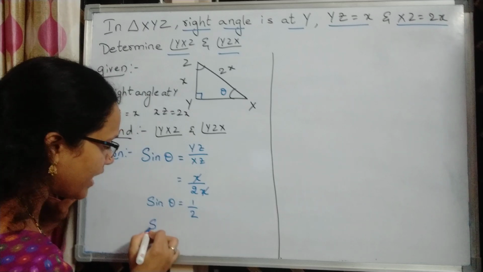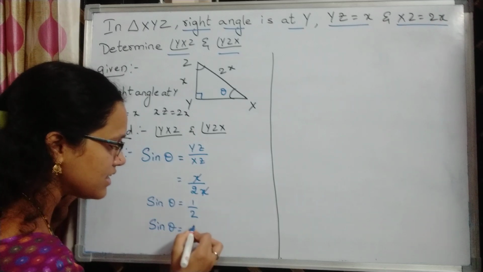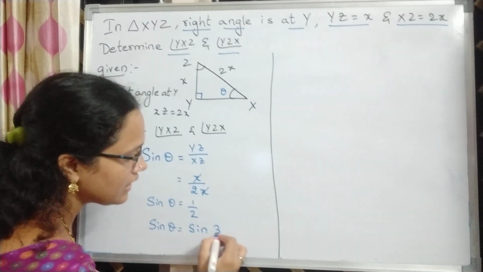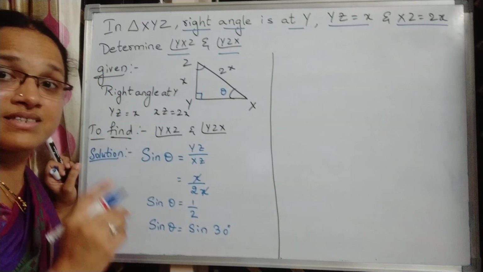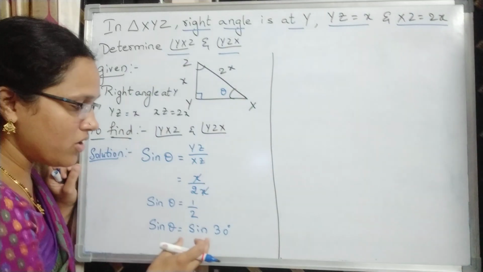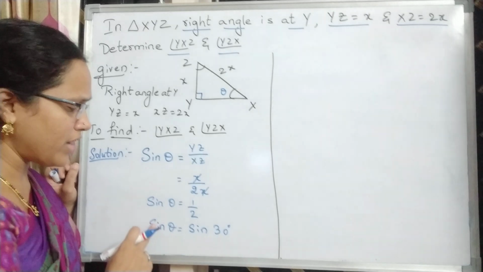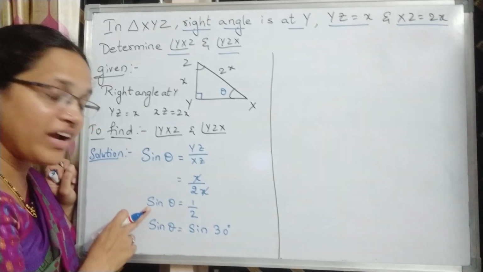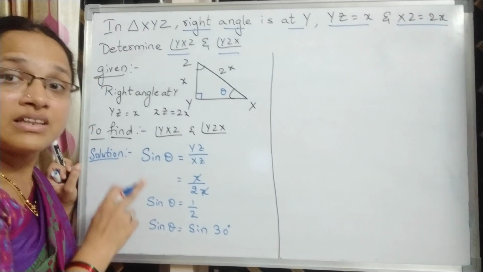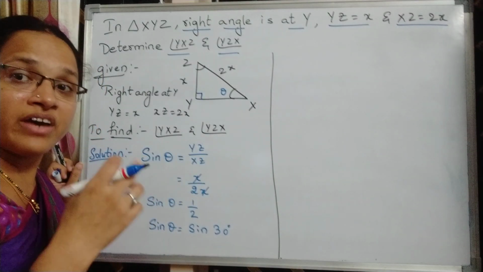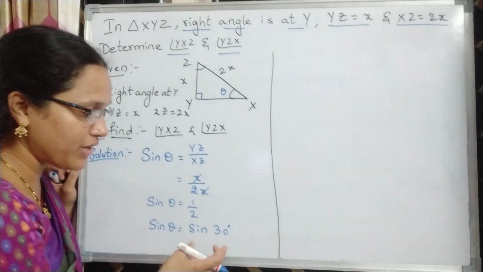I can write 1 by 2 as sine 30 degrees, because sine 30 is 1 by 2. Why sine only? Because I am finding in terms of sine. You have to find that value in the table and write that angle.